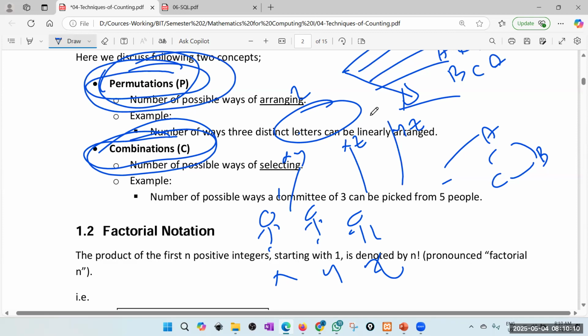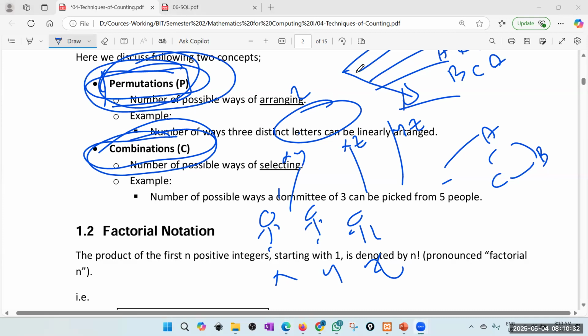Therefore, these are two different concepts. Permutation means the different ways you arrange; combination means the different ways you select, based on conditions, of course. That is what we are going to look at in this topic.